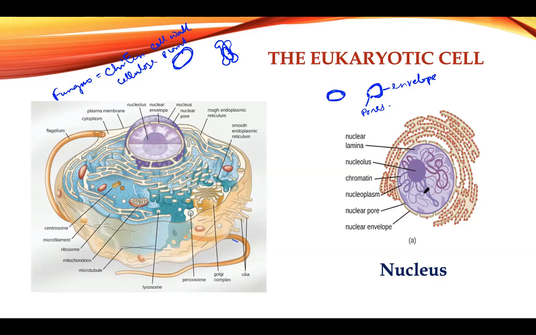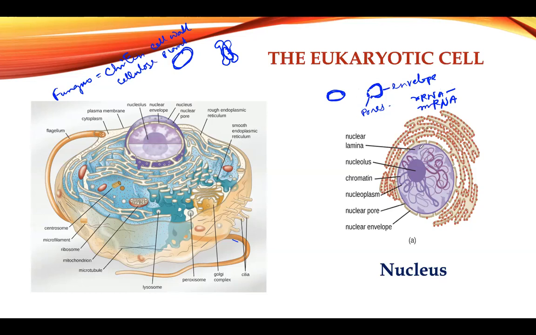All the materials, different types of ions, different types of sugar, large carbohydrates, and even ribosomal RNA and messenger RNA, just before protein synthesis, move through these pores. That's the purpose of all these nuclear pores.